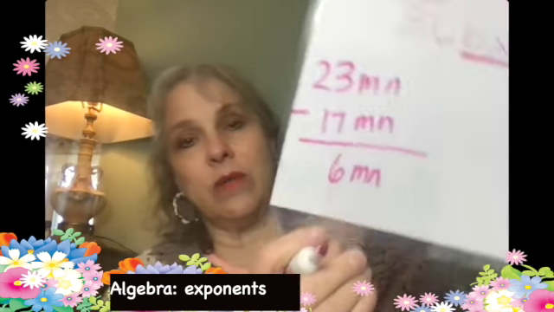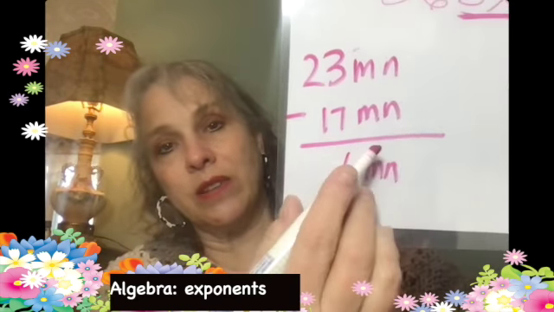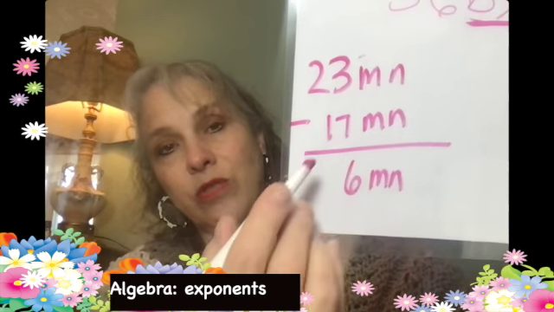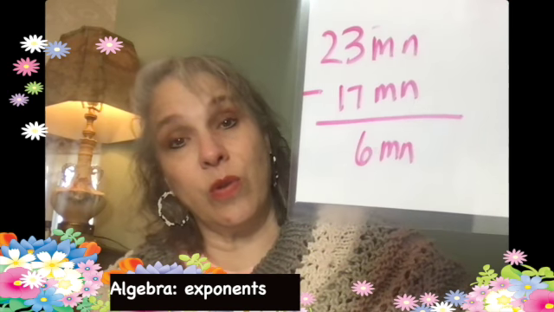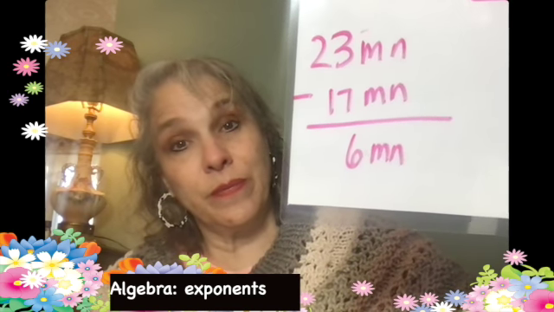You keep your term on there. You don't say mn minus mn is 0. You just work with the coefficients, and then you tack on your variables.